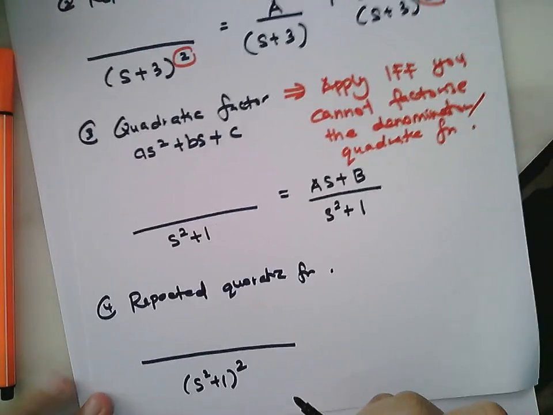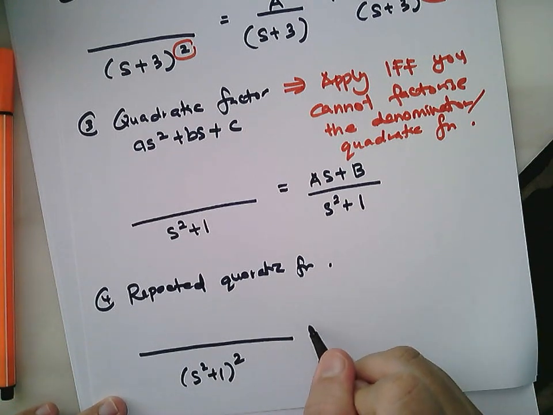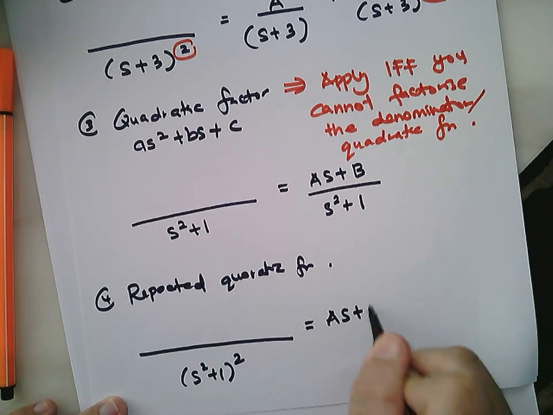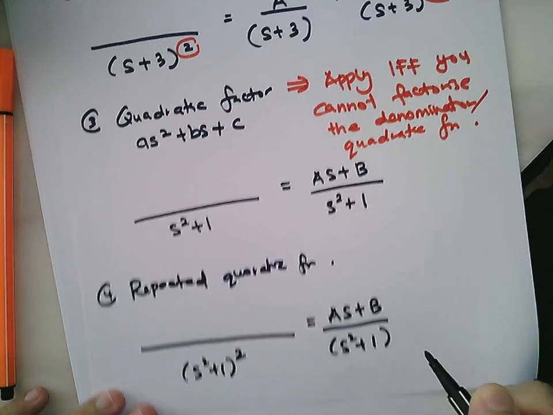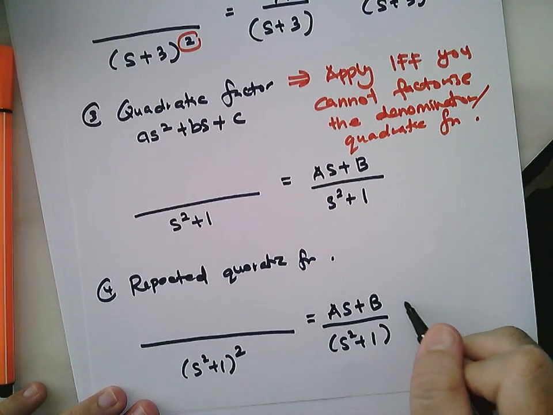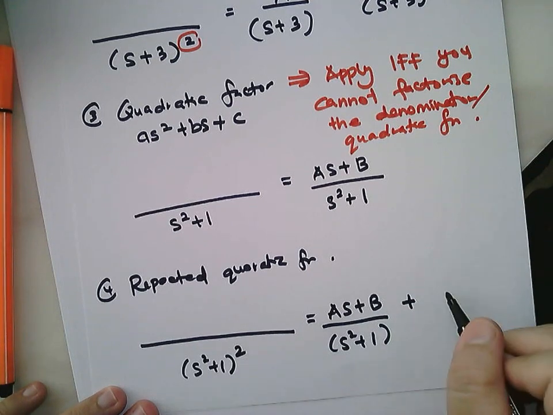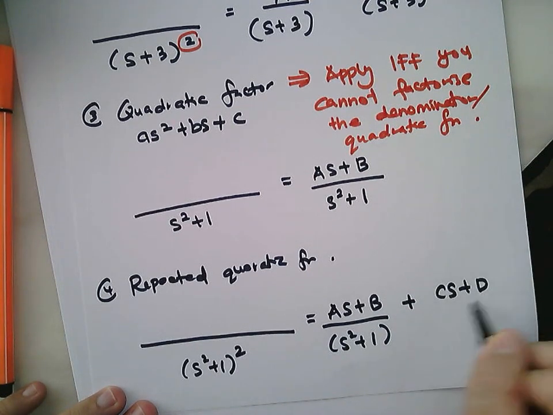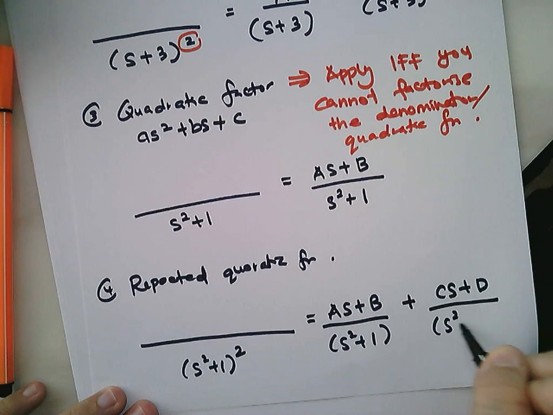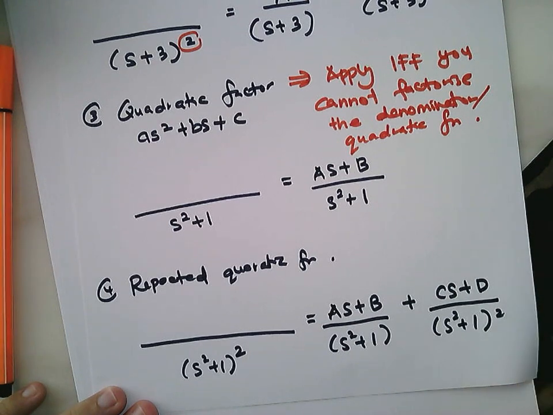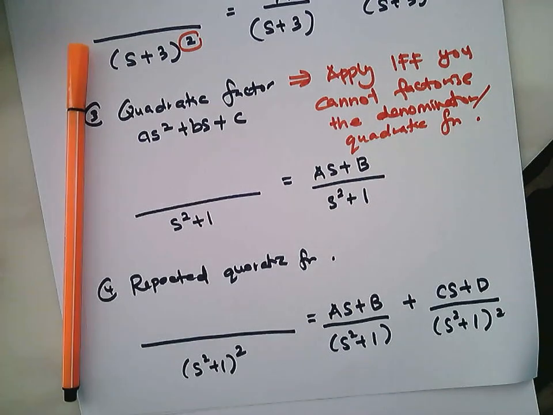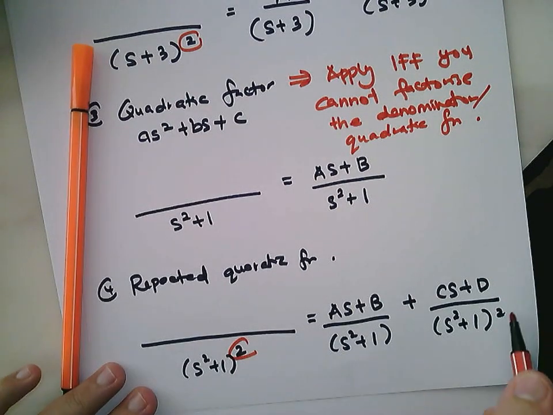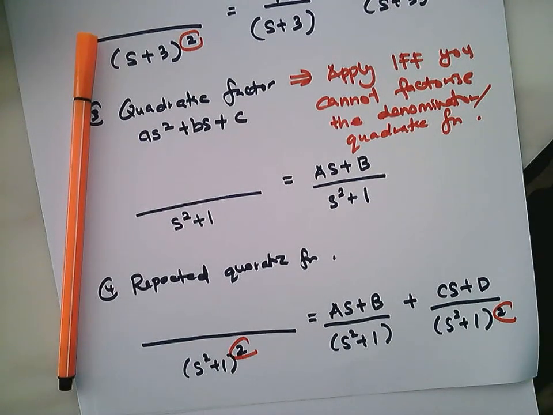What will be your partial fraction? As plus B over s squared plus 1, this is the first one, plus the second one, Cs plus D over (s squared plus 1) the whole thing squared. You stop when the power matches the number of repeats.